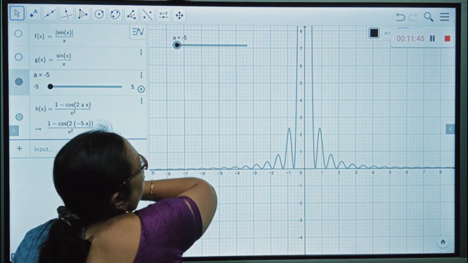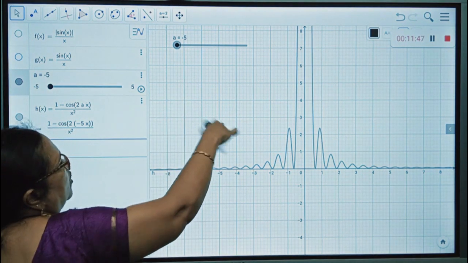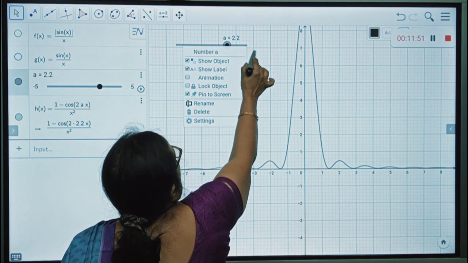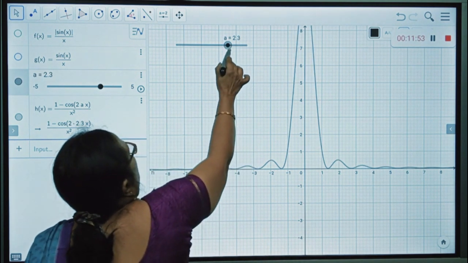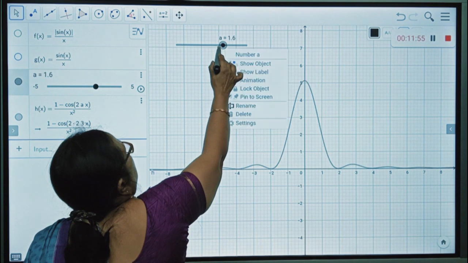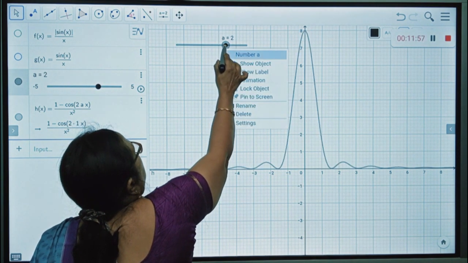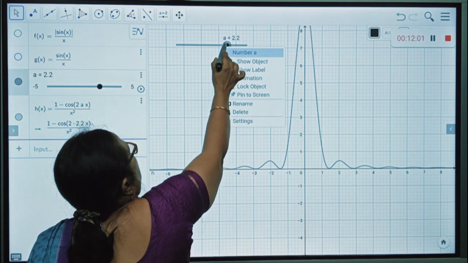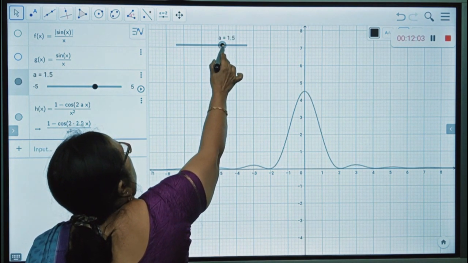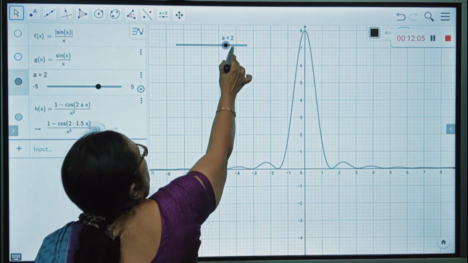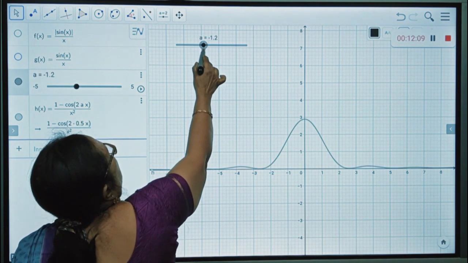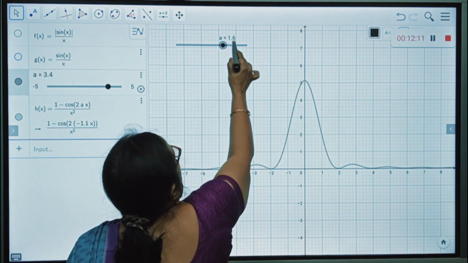This is when a equal to minus 5. You can see how the graph looks. This is at a equal to 2.3. It's very sensitive, this board. So you can keep on playing with the graph by changing the values, and when a is 2, you can see the function is continuous.